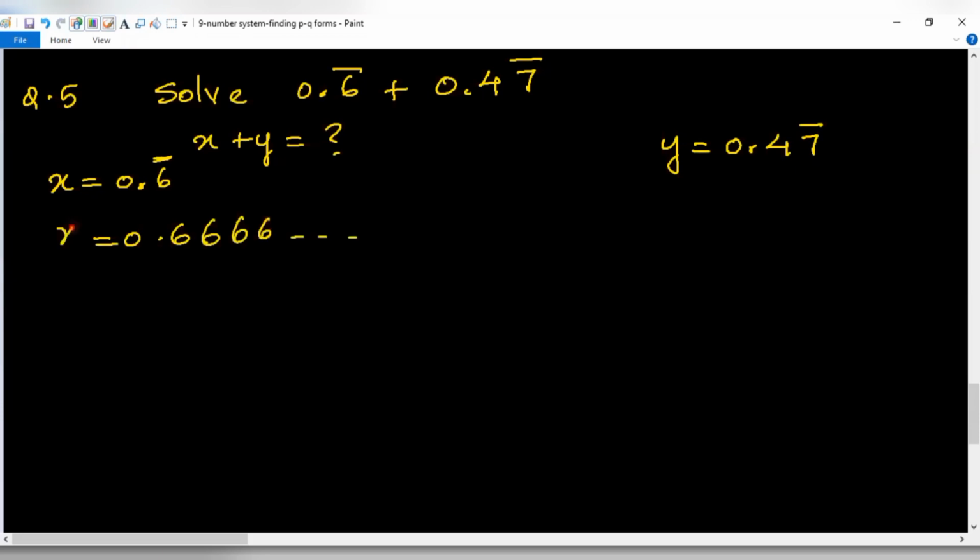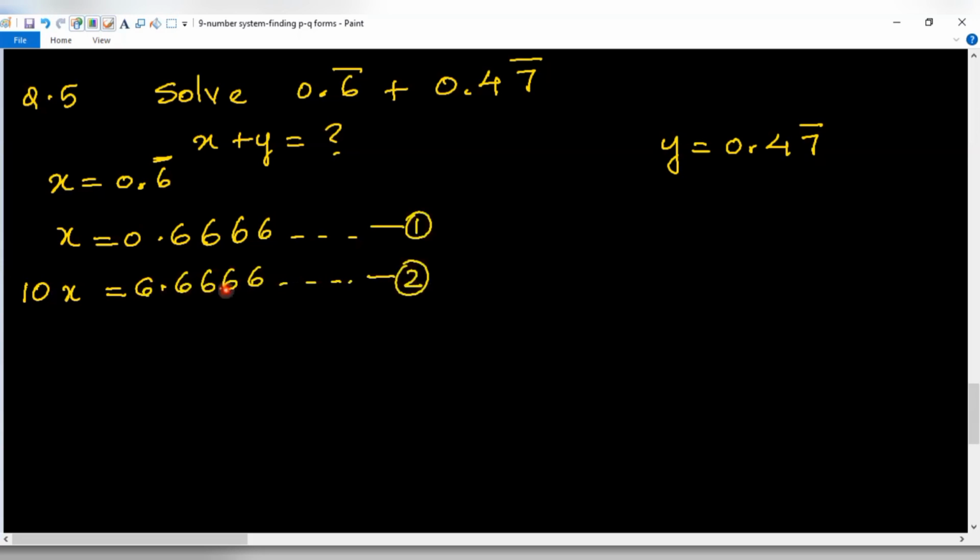Only one digit is getting repeated, so we have to multiply by 10. 10x will become, the decimal will move one place towards the right, so it is 6.666 like that. This is our second equation.